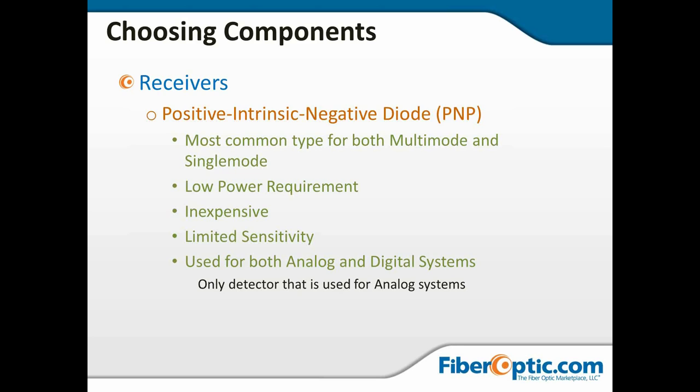It is inexpensive, but it's limited in sensitivity, not just in its low end, but in its high end. It's easier to overdrive and saturate these types of receivers, these photodiodes. It can be used for analog as well as digital systems, and in fact it is the only detector that can be used for analog.